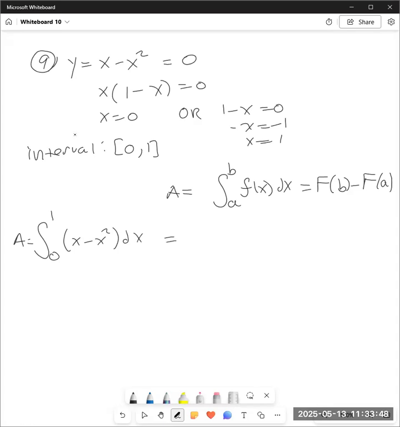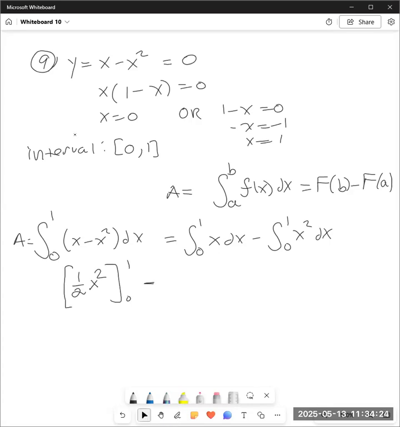So using my rules for sum and difference of integration, that's going to give me the integral from 0 to 1 of x dx minus the integral from 0 to 1 of x squared dx. So the new thing in this section is that we have these bounds that we have to deal with. If I were to integrate x dx, I'd get 1/2 x squared, and I'd normally put a plus c. I'm not going to do that. I'm going to evaluate that from 0 to 1.